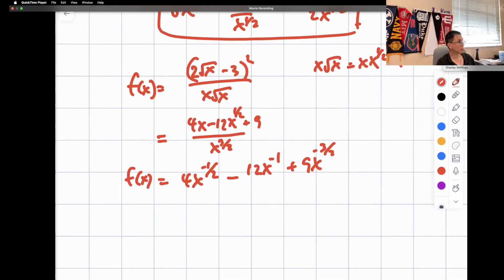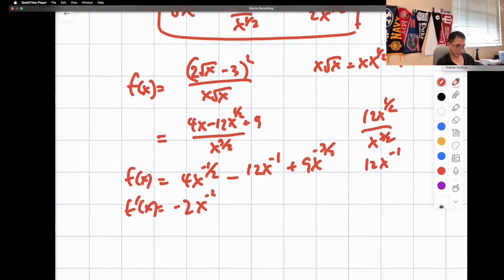I'm going to take a derivative. You get 12x to the 1/2 minus x to the 3 over 2, so 1/2 minus 3 over 2 is negative 1, giving 12x to the negative 1. So that's going to be negative 2x to the negative 3 over 2. Is that okay?